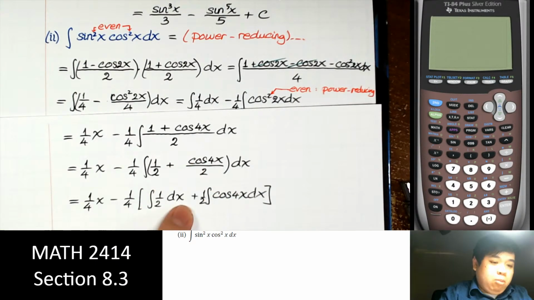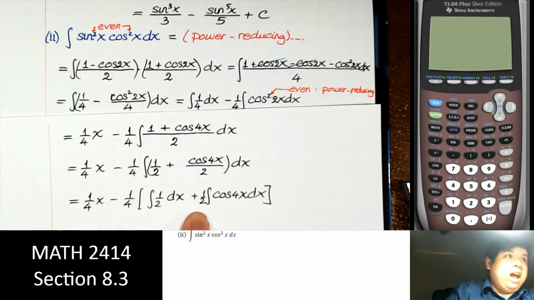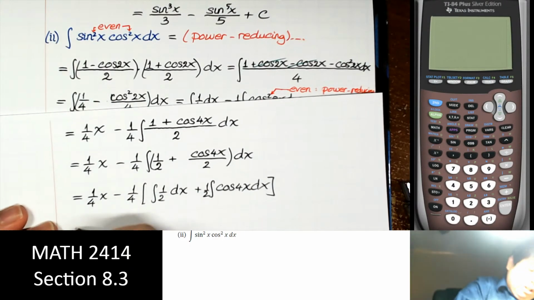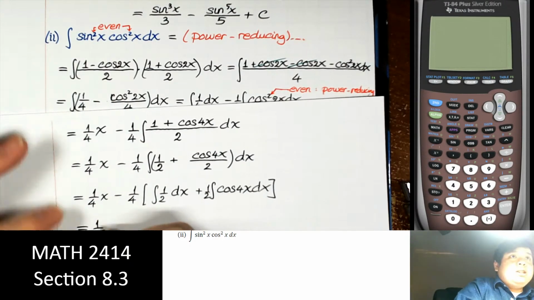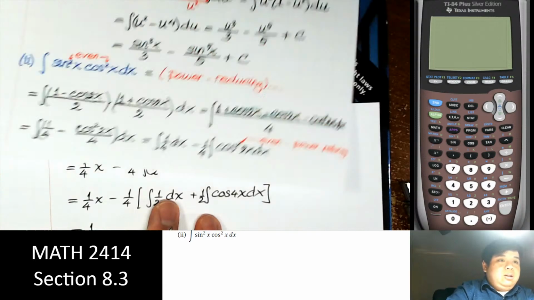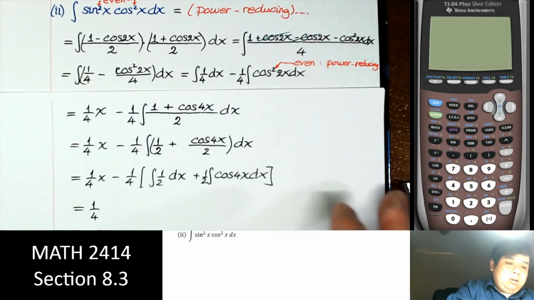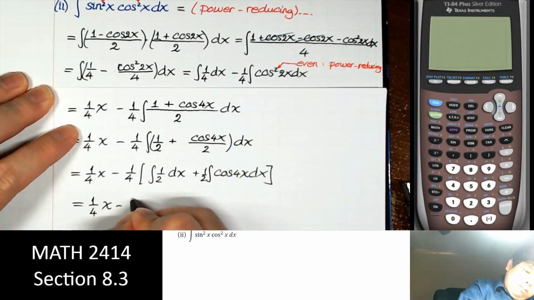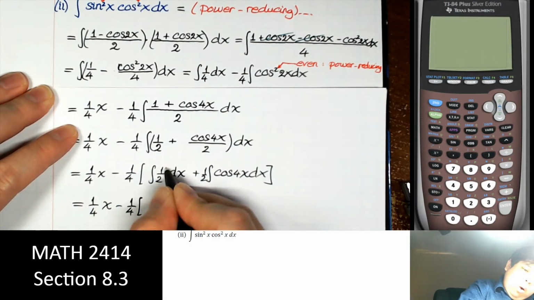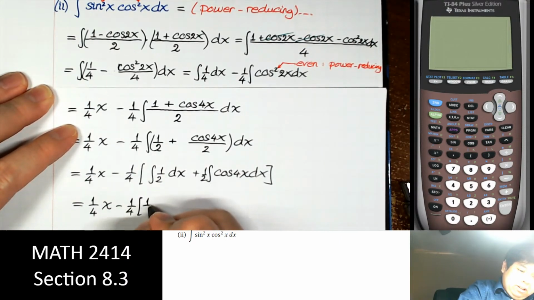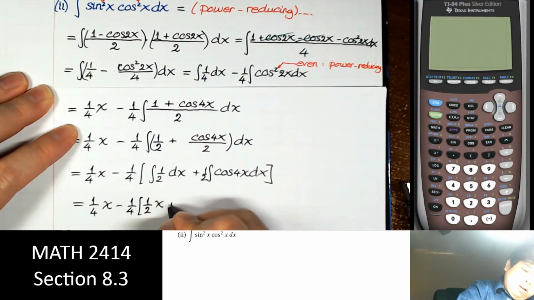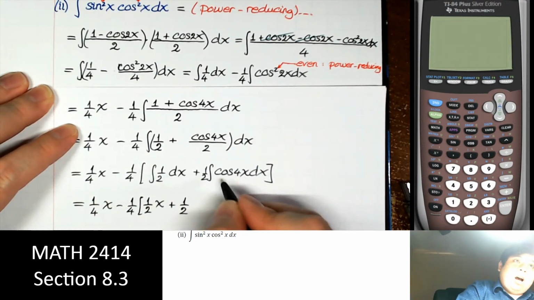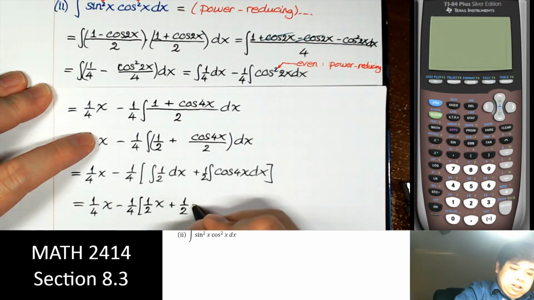The 2 stays at the bottom, break it outside, becomes 1/2. And then we'll just integrate: 1/4 x minus 1/4, the integral of 1/2 is 1/2 x, plus 1/2 cosine 4x, whose integral is sine of 4x.